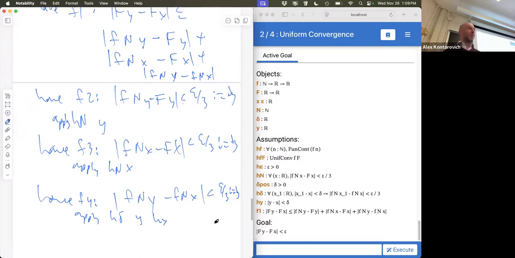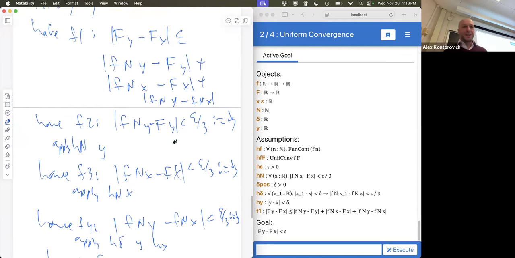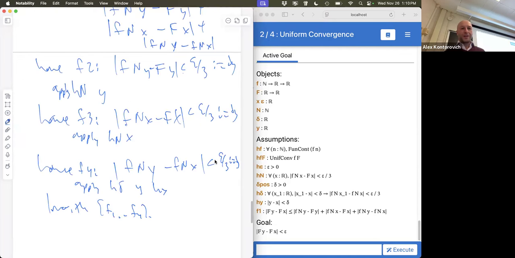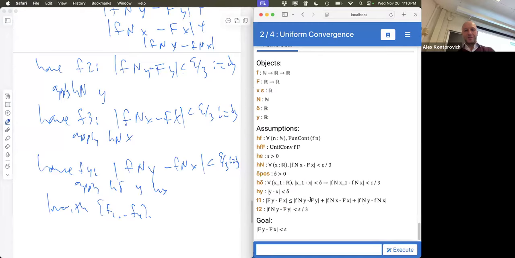And then linarith F1 through F4. We'll pick up the rest. Linarith F1 through F4. Try it. Okay, so F1 we already put in. Have F2 is Fny minus Fy is less than epsilon over 3 by apply Hn at y. I'm going to copy this. Beautiful.